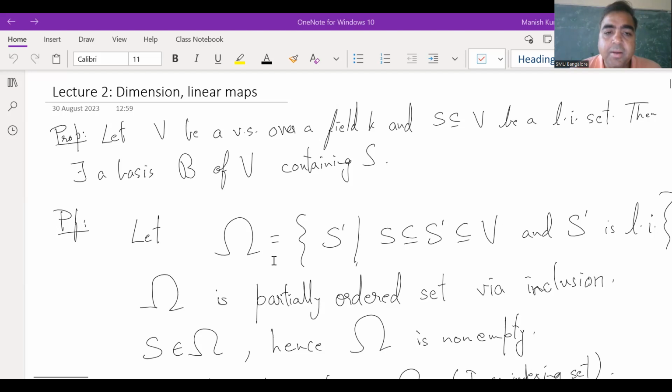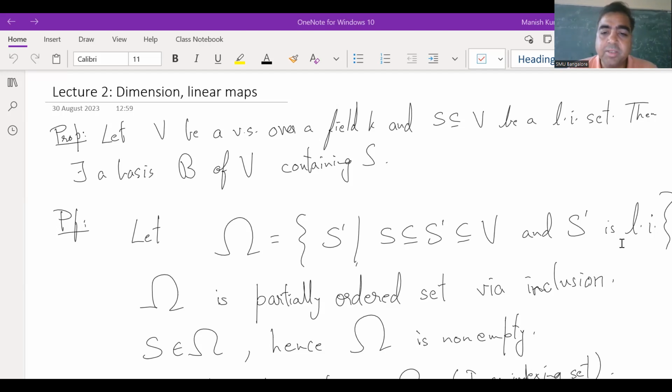So we will take our partially ordered set to be subsets of V which contain S. So S prime is any subset of V which contains S, and it is linearly independent. So this is a collection of subsets of V, and of course it's non-empty because S belongs there: S is a subset of V, it is linearly independent, and it contains S trivially.